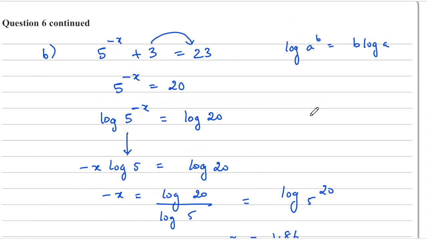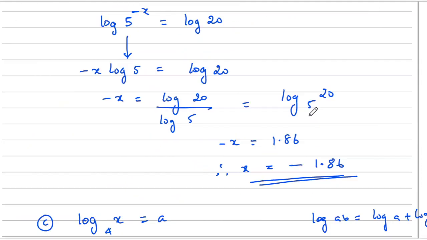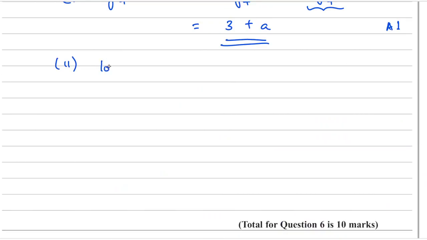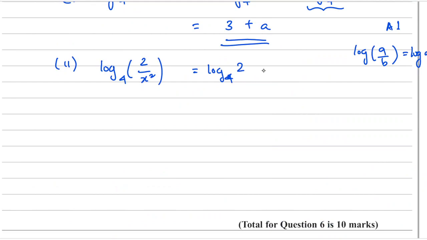Now the second part, the question was log of 2 over x squared to the base 4. Again, we can split it by using the rule log a over b is equal to log a minus log b. So that is log 2 to the base 4 minus log x squared to the base 4. I have to write it in terms of 4 itself, then only I can make a simplification.